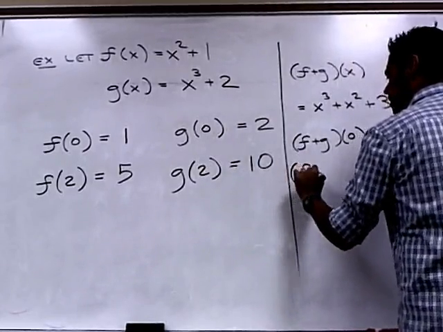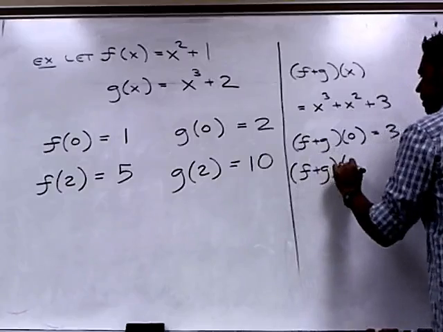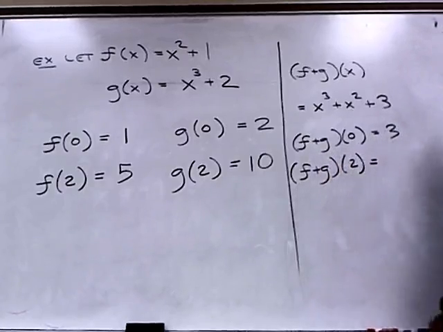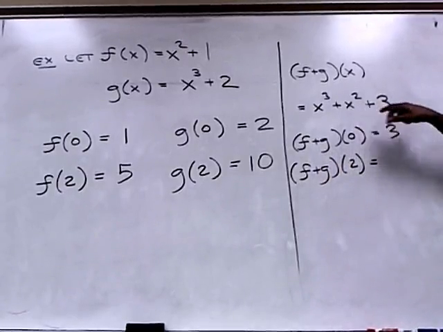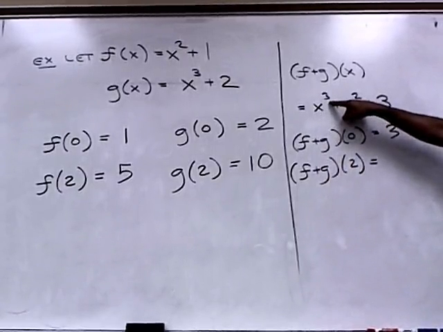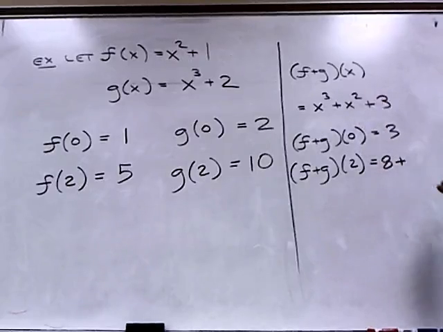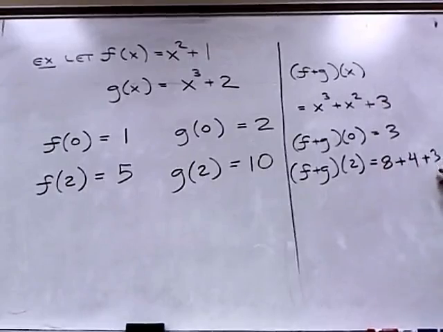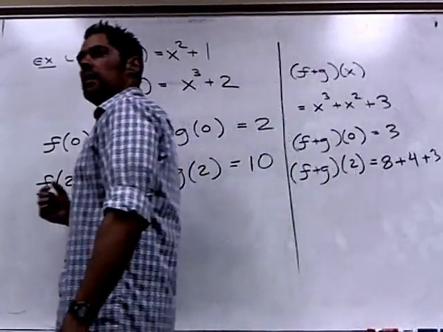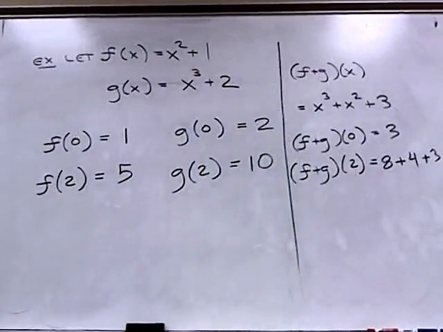What would f plus g of 2 be? Well, let's go here and figure out what it is. 2 cubed, 8, right? Plus 4 plus 3, that's 15. But that's what you would have gotten had you added them together here. The same thing happens with multiplication.